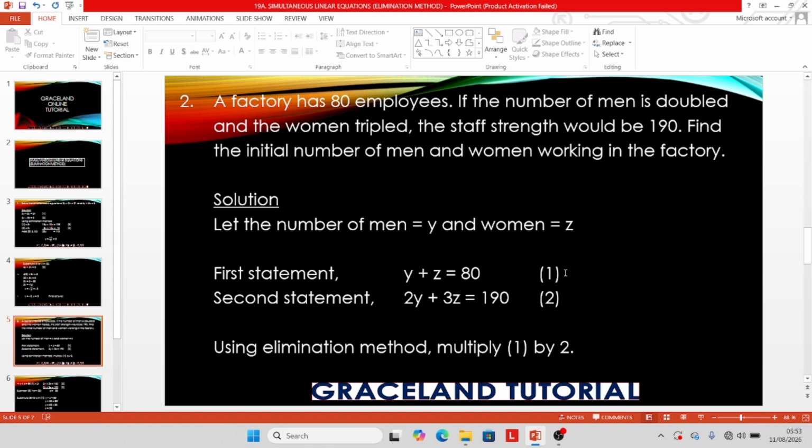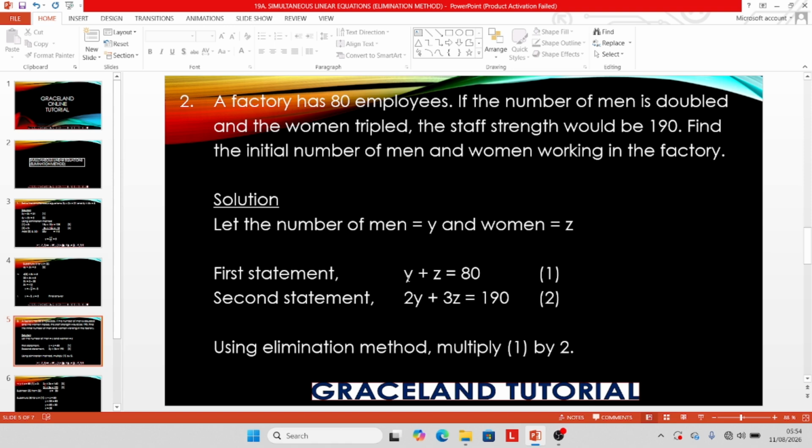Now, let's go to the second statement. If the number of men is doubled later and the women tripled, so if the number of men is doubled, it means that you are going to multiply the former number of men by what? By 2.